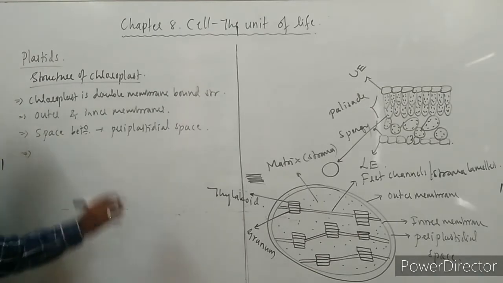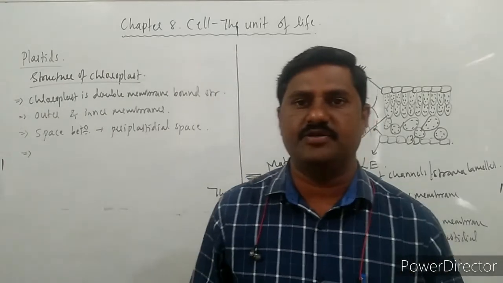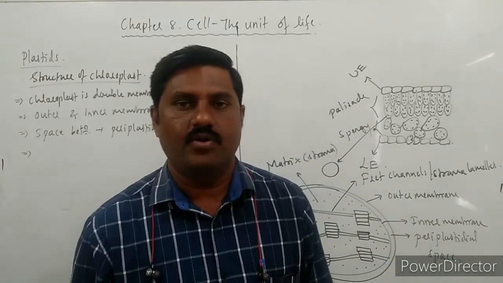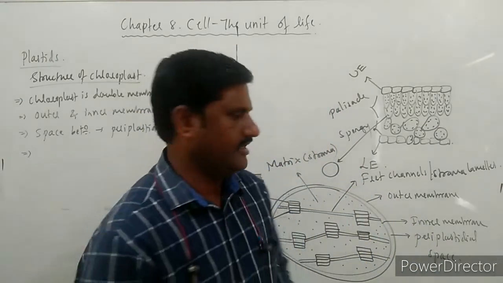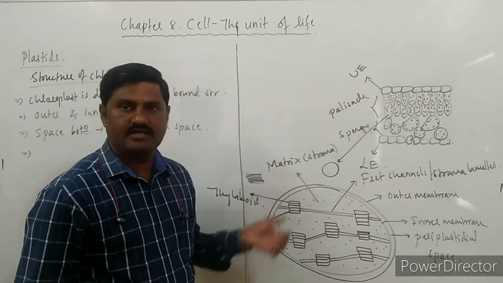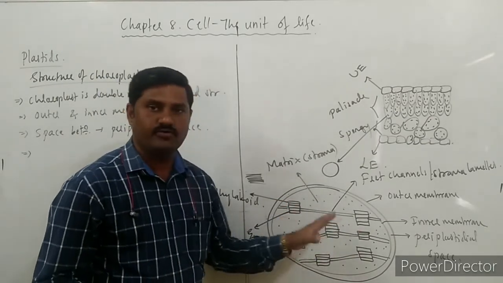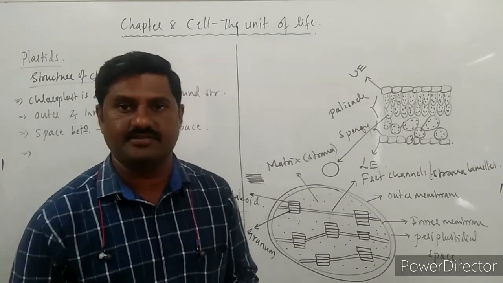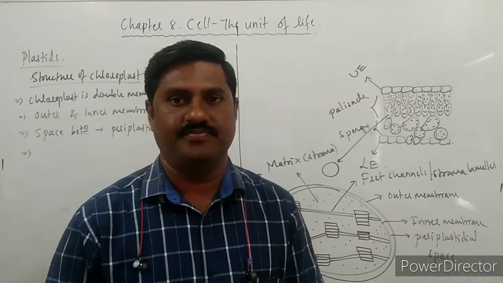Okay. And the content of this chloroplast is divisible into two major parts. What are the two major parts that we come across here? One is the lamellar structure or the granum itself, and one more is the fluid buffered inside this chloroplast, that is stroma.